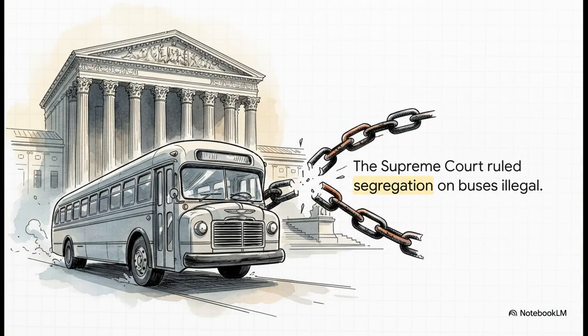And you know what? That staggering endurance paid off big time. The boycott successfully ended when the Supreme Court stepped in and ruled that segregation on buses was illegal. Once again, organized collective action absolutely forced the highest court in the land to tear down another huge piece of that separate but equal doctrine.